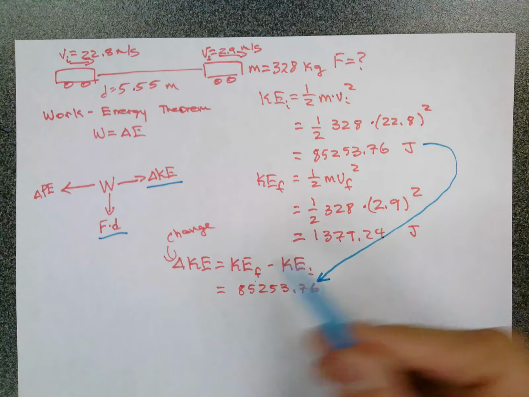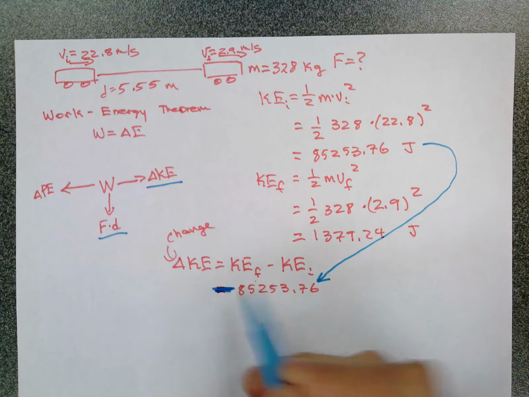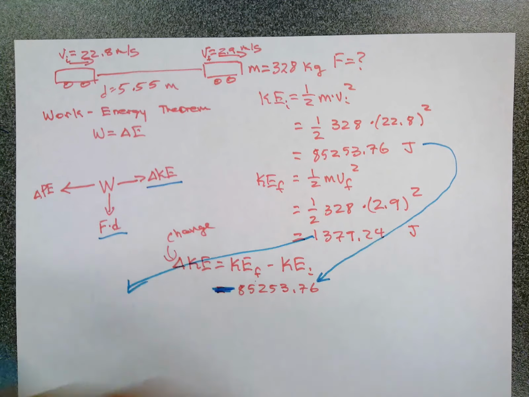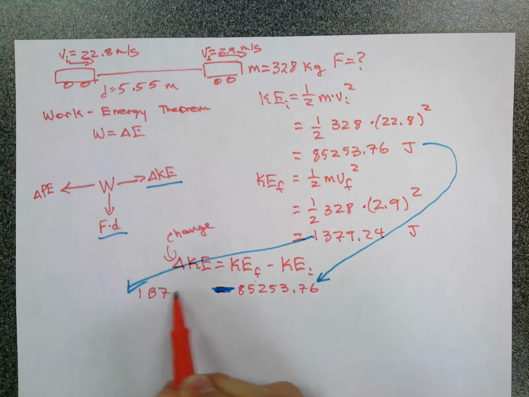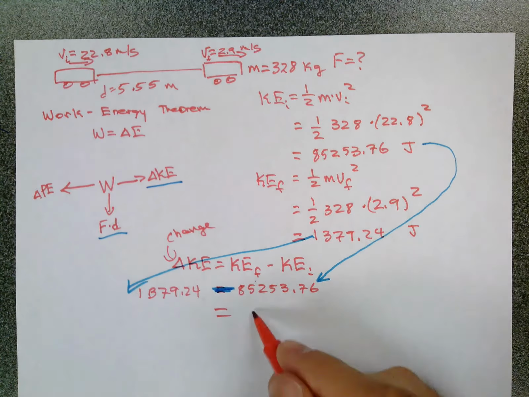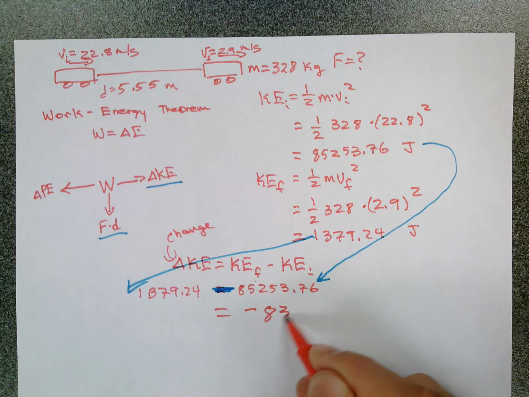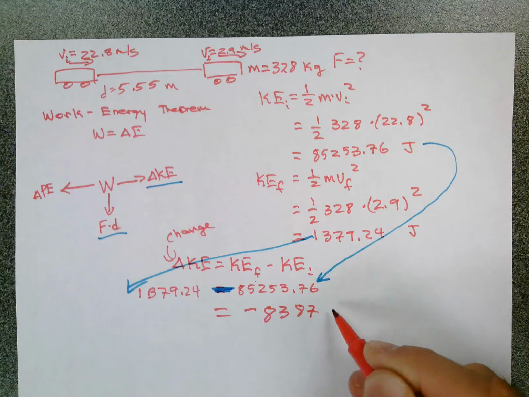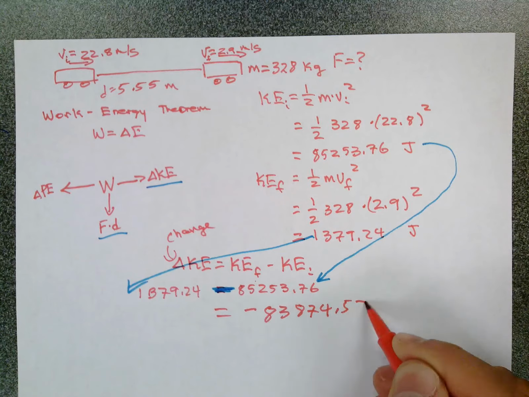Oh, I'll just switch it around here. We'll subtract that here with 1,379.24. And you'll get an answer of negative 83,874.52.